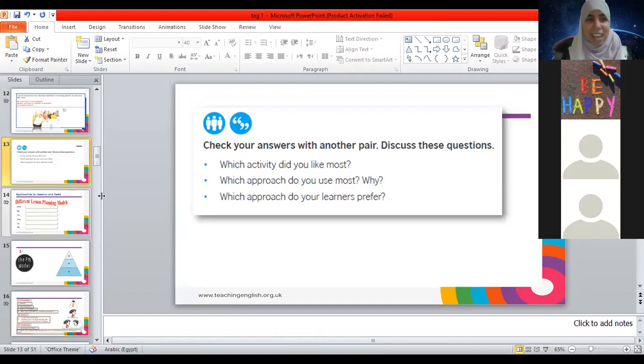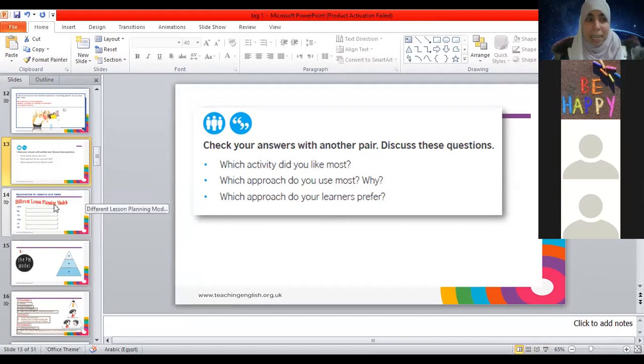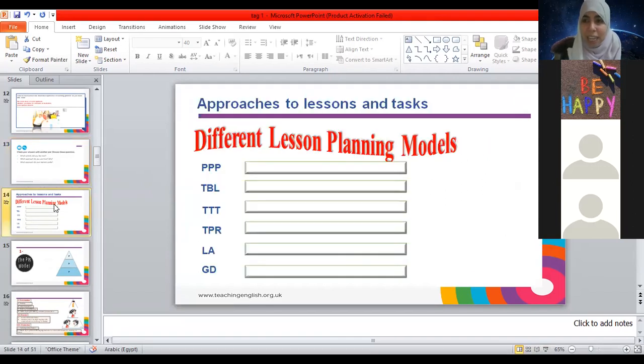I'll stop here and we will move to another point, which is lesson planning models.